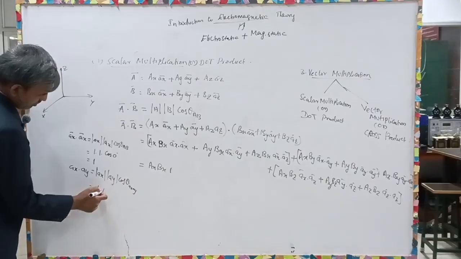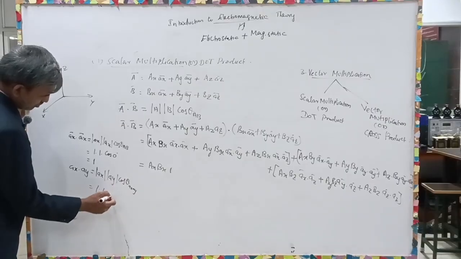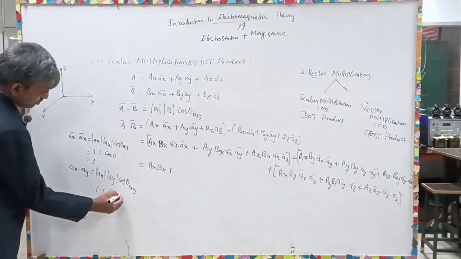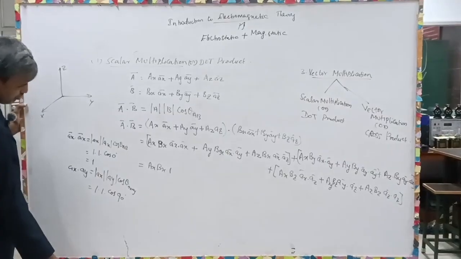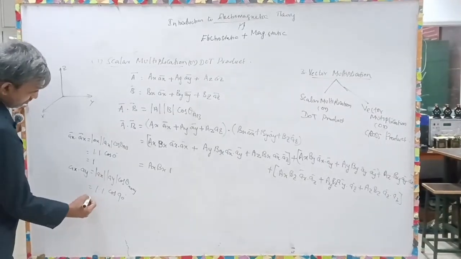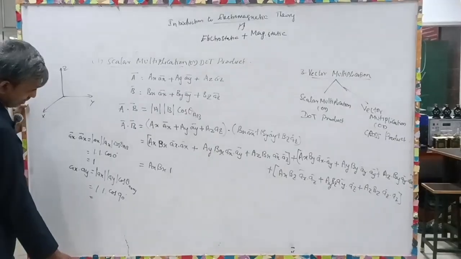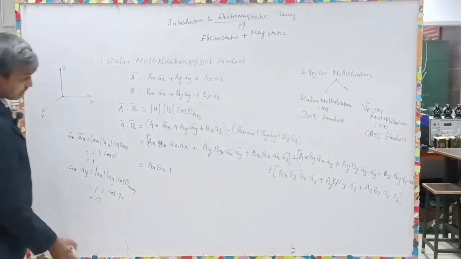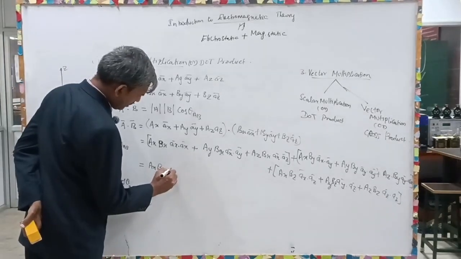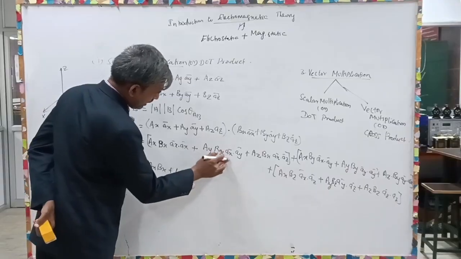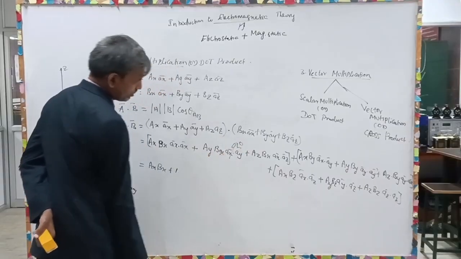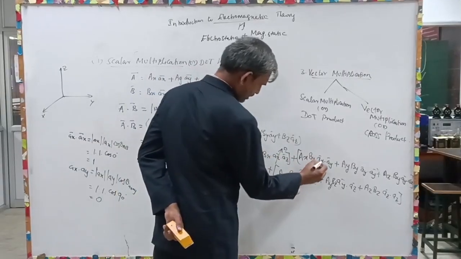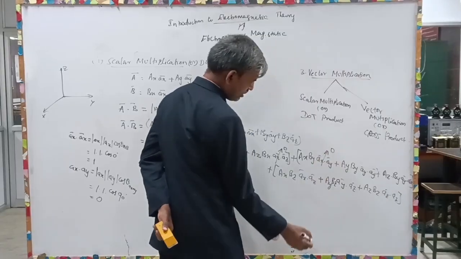So Ax, Ay value will be 1, that is of unit vectors, and the cosine of the angle is 90 degrees. I am taking 90 degrees because they are mutually perpendicular to each other. So cos 90 value will be 0. So 0 into anything will be 0. Similarly, Ax, Ay value will be 0, Ax, Az value will be 0.